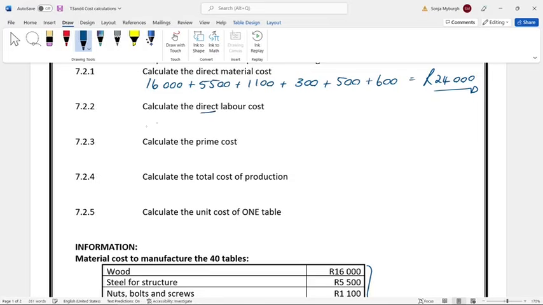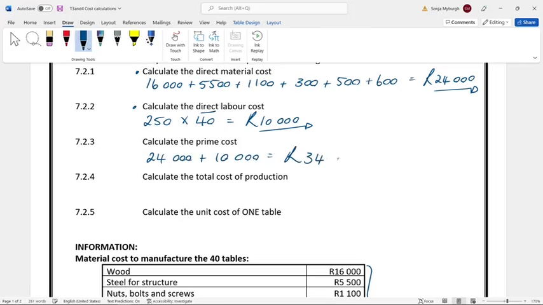Direct labor, he pays an employee 250 Rand per table, and they are making 40 tables, therefore direct labor is 10,000. Prime cost, these two added, 24,000 plus the 10,000. Always write your calculation to earn method marks: 34,000.